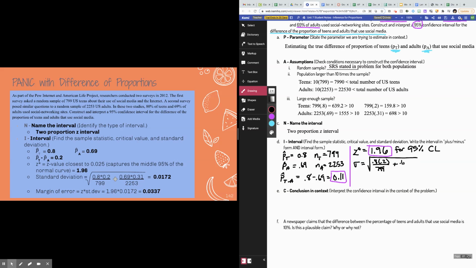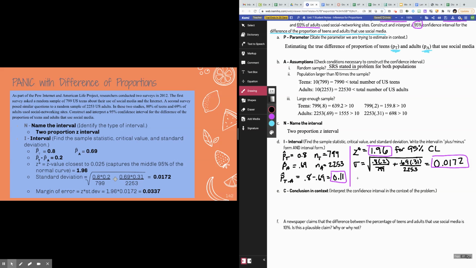And then I'm going to do the same thing for the adults. 0.69 times 0.31 divided by 2,253. So that's for my adults. I'm going to plug all that into my calculator, and when I do, I get 0.0172. So that's the last bit that I need for my actual interval, okay?